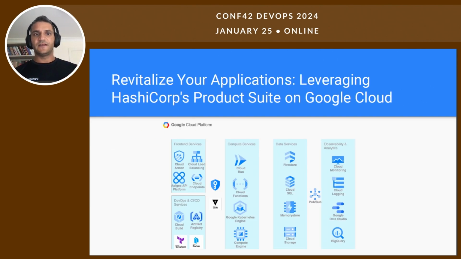To summarize everything that we have discussed, the three facets of modernization, Google Cloud Platform, along with the HashiCorp product suite, offers a wide range of services and tools that can help businesses to modernize their applications.